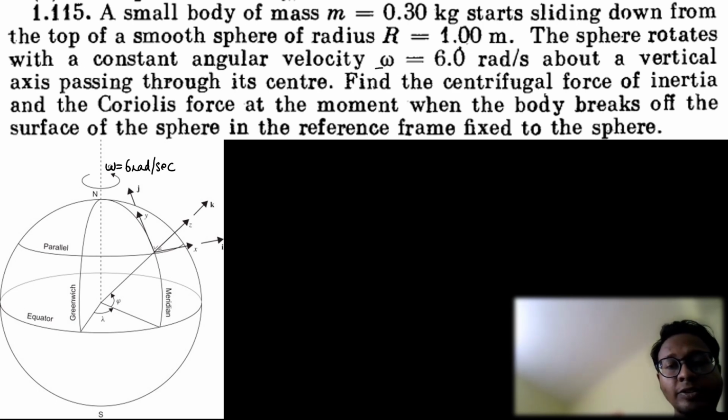On top of this sphere, there is a small ball of mass 0.3 kg. This ball starts rolling down and, after rolling down, gets detached from the sphere. The question is asking: find the centrifugal force and the Coriolis force at the moment of detachment.